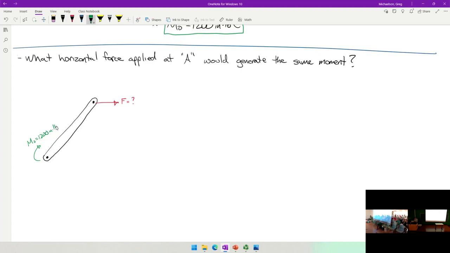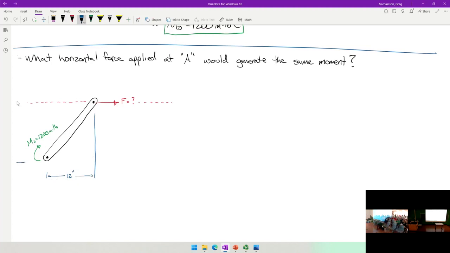Well, first off, let's just indicate that line of action. Just make sure we have that drawn out. And let's put some dimensions on this. So this dimension here is 12 inches.